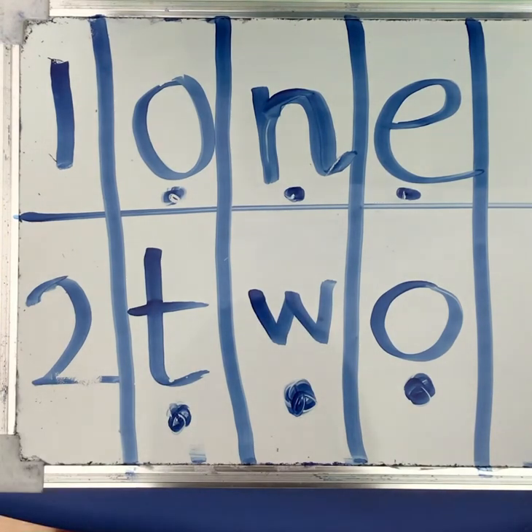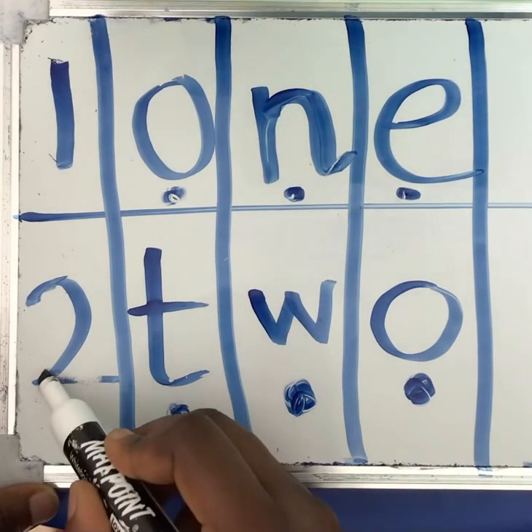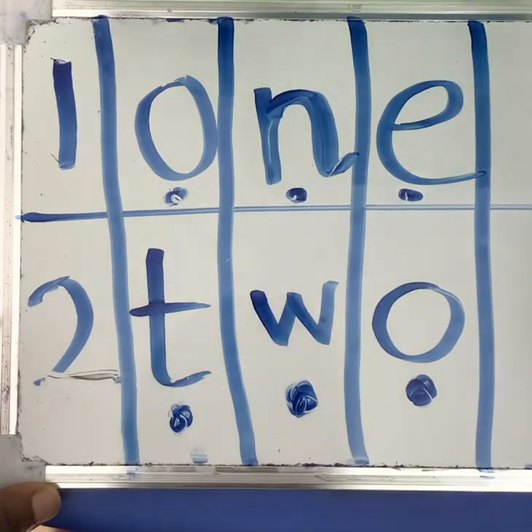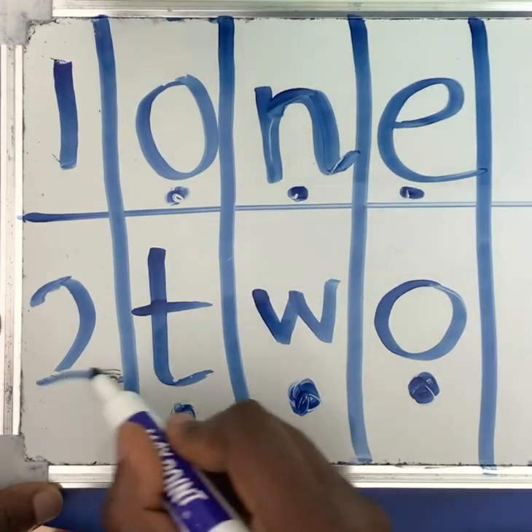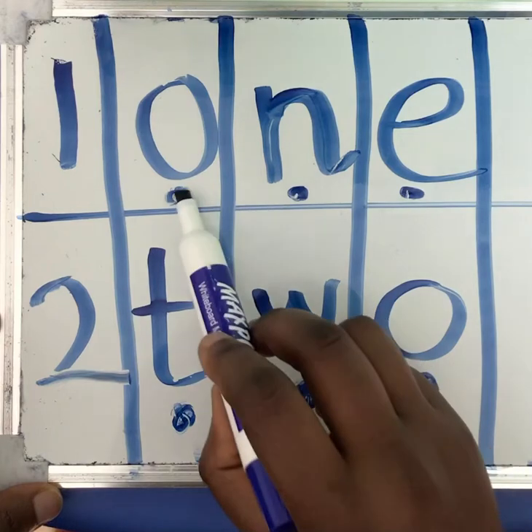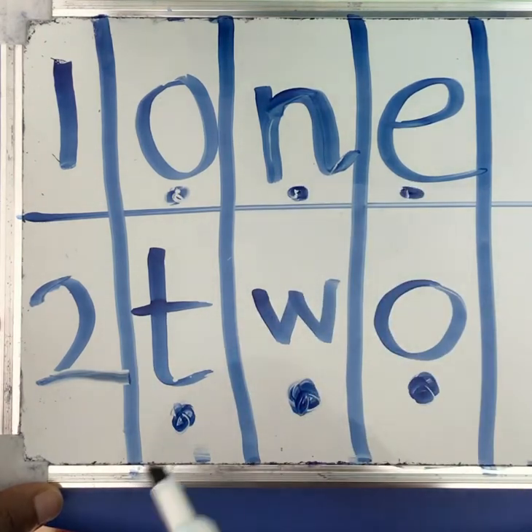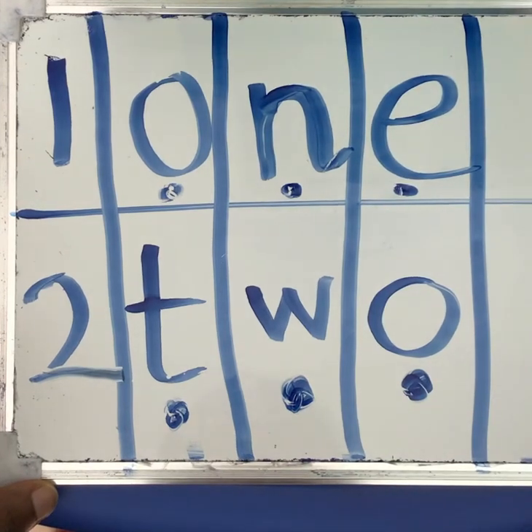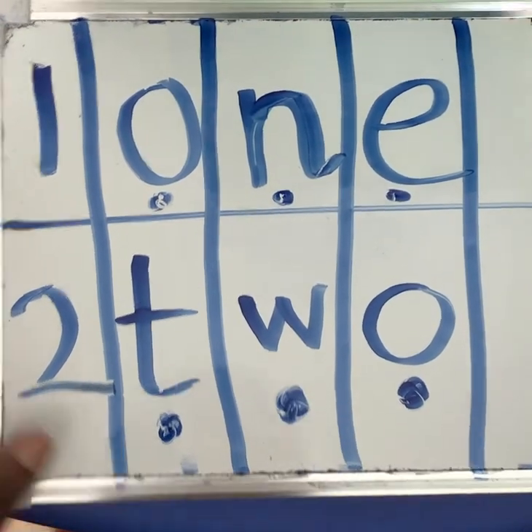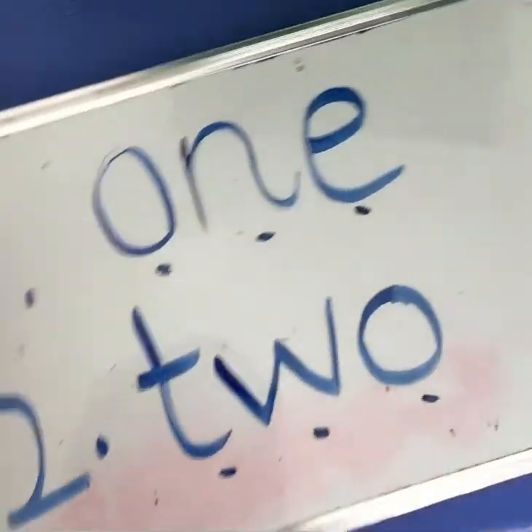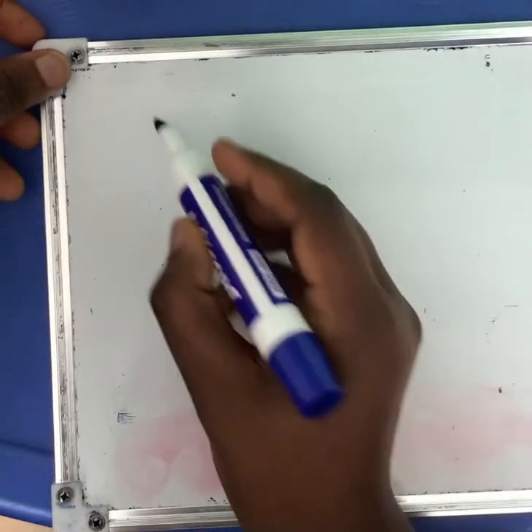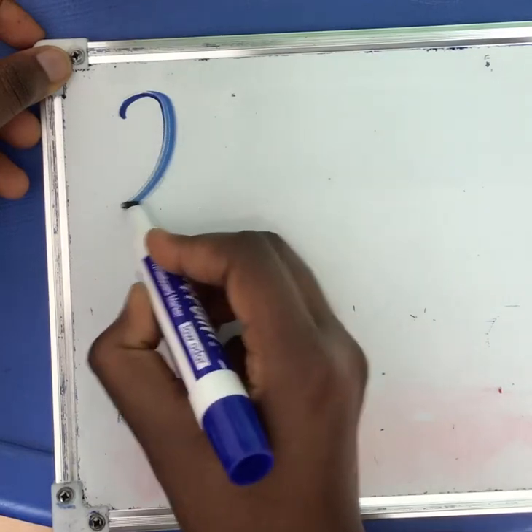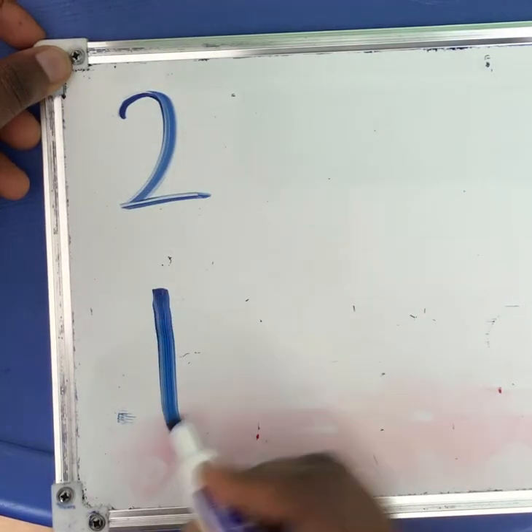So today we've learned the number name for 1 and 2. 1 and 2. O-N-E, 1. T-W-O, 2. Good job. Very good. Now, let me give you a little bit of activity to do here. I have 2, I have 1.